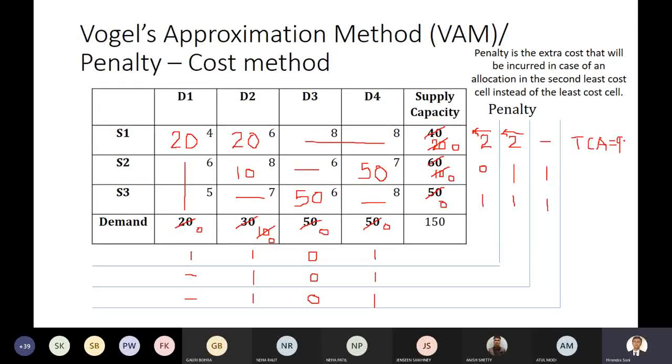Sorry for the crooked handwriting. भावनाओं को समझो. ठीक है? Now the total number of allocations that we have got again in this particular case is 1, 2, 3, 4 and 5. Perfect.